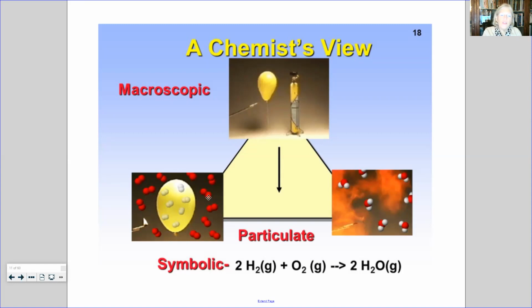So you could think about seeing this explosion. You can think about seeing the explosion in symbolic terms, and you can think about the particles that are left at the end of that explosion. These particles are representing H2O.